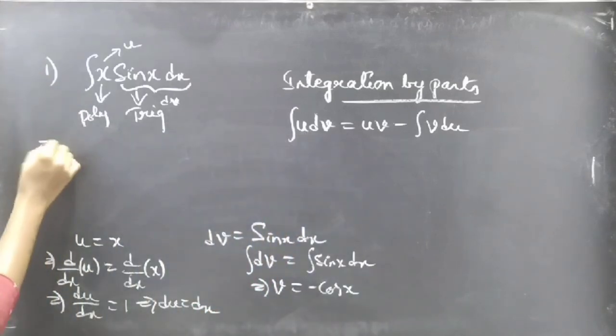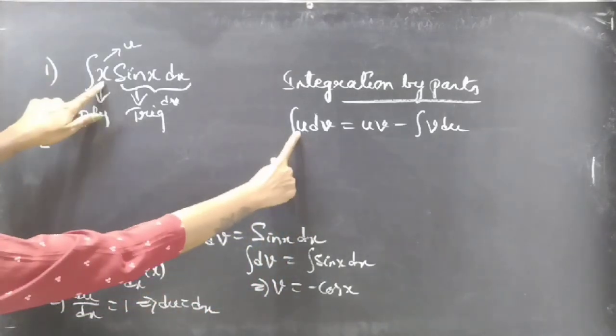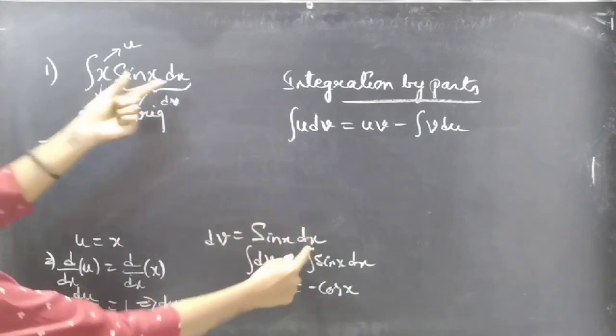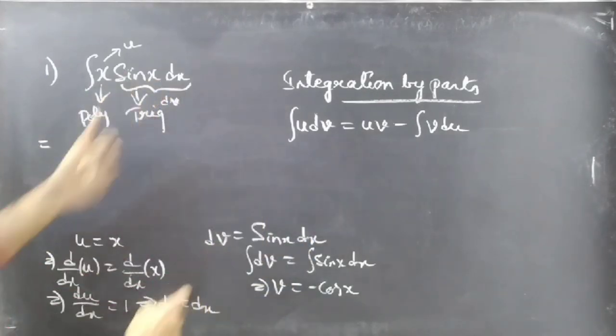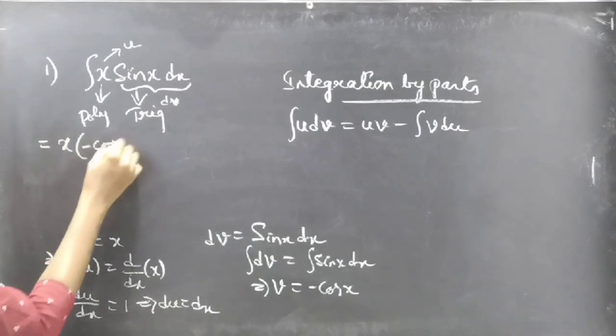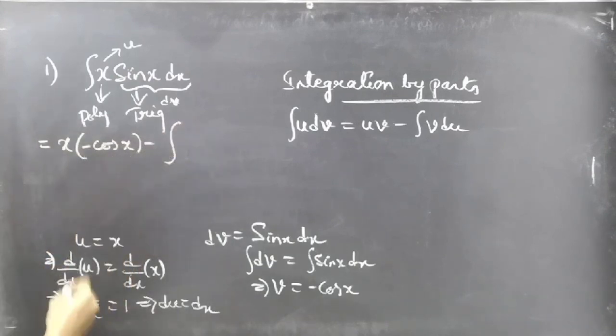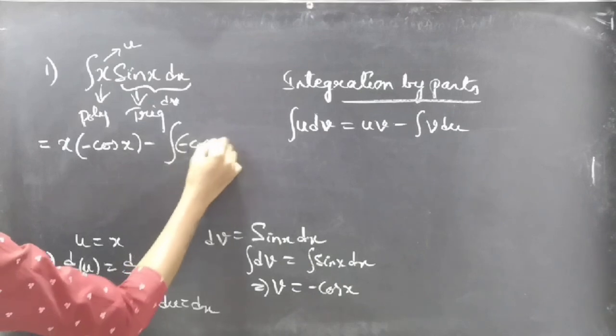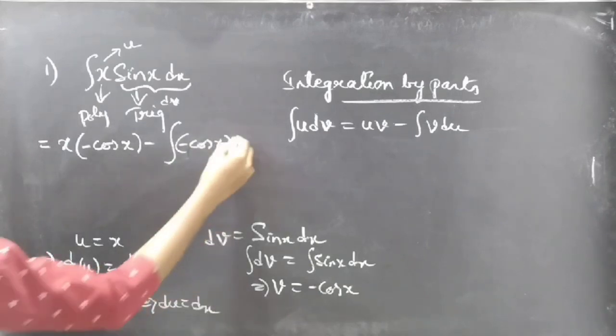Now apply this formula. Integral of u dv equals uv, that is x into minus cos x, minus the integral of v du, which is dx.